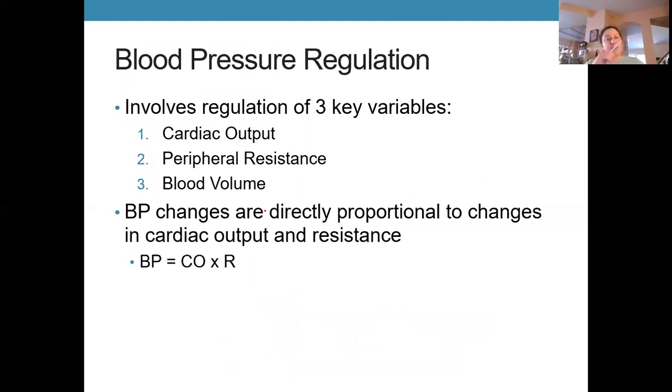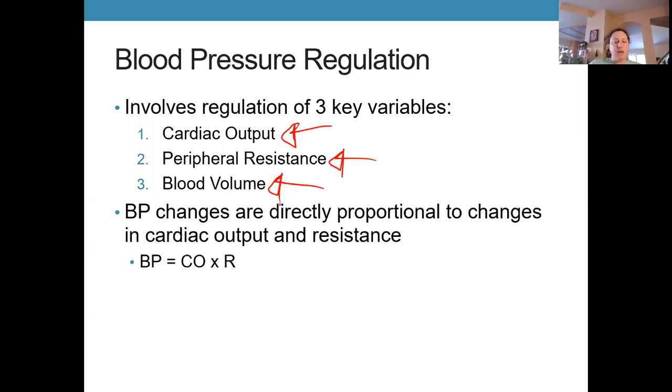When it comes to regulating blood pressure, this is about regulating the things we've already talked about. So we know that cardiac output is going to have a major effect on blood pressure, as well as peripheral resistance. The third factor here is blood volume.